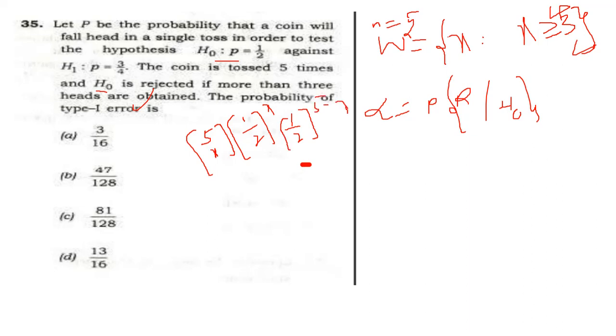Now which probability do we need? Probability of X greater than or equal to 4, which means X equal to 4 plus X equal to 5.